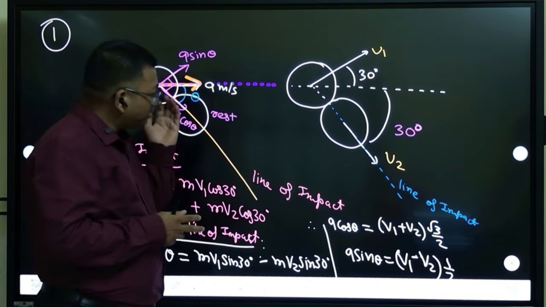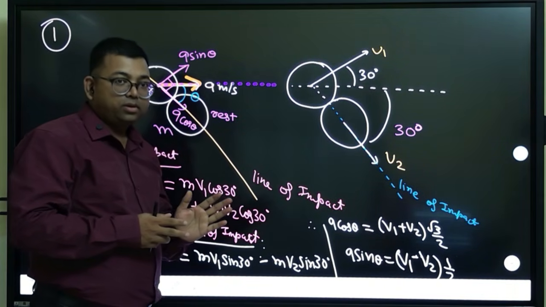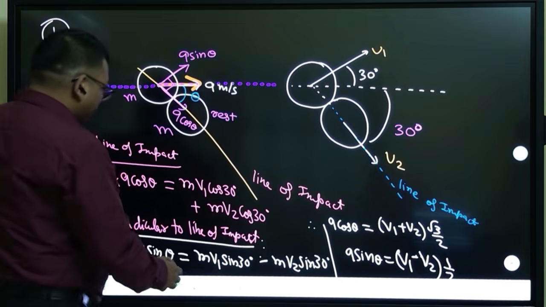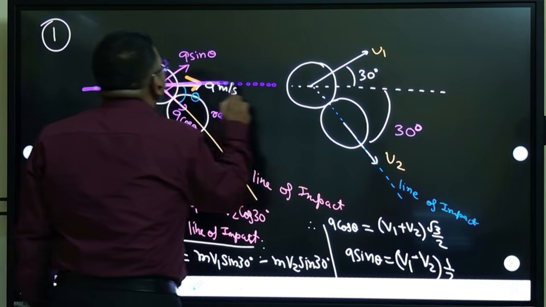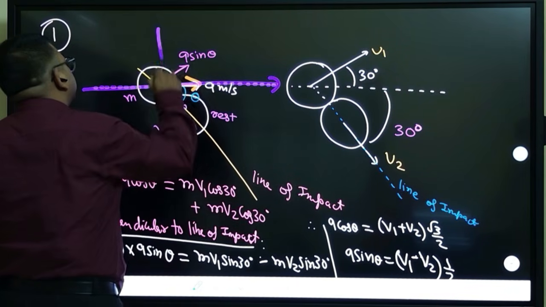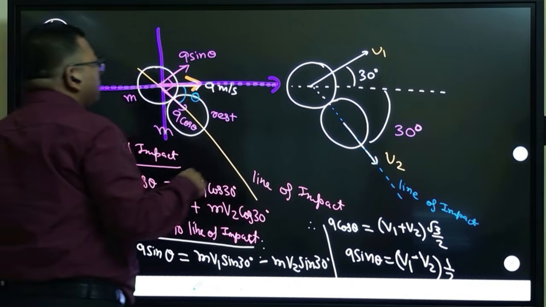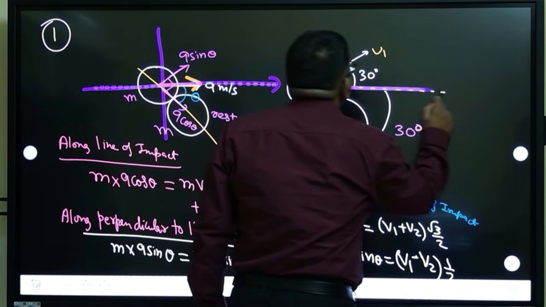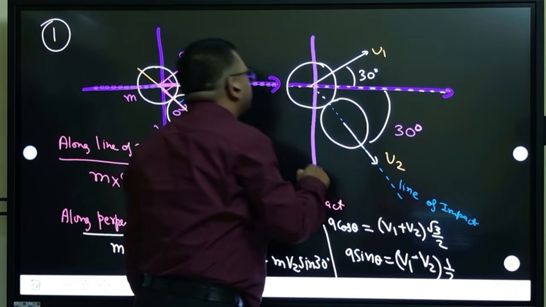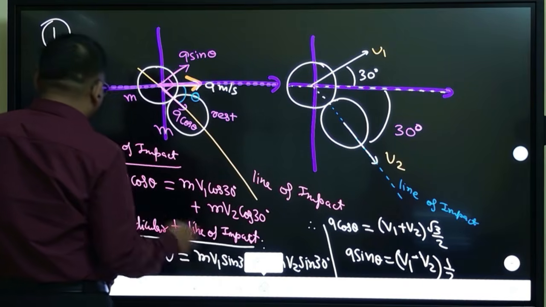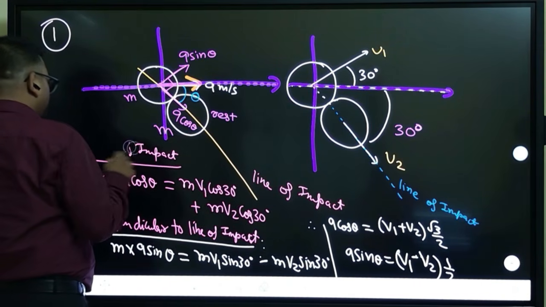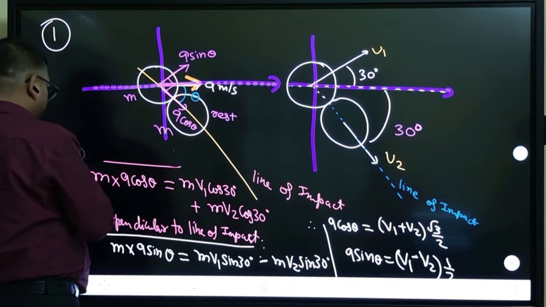It is not that only along the line of impact we have to take. So we can take this direction which they have given as the x-axis and the perpendicular as the y-axis. Then you apply along the x-axis and y-axis, not along the line of impact.